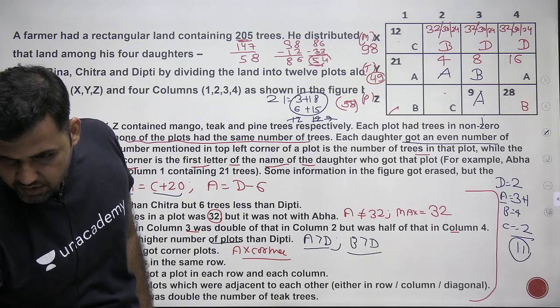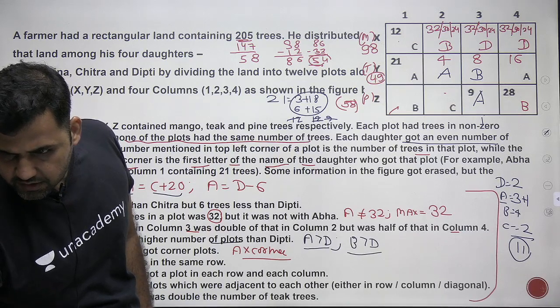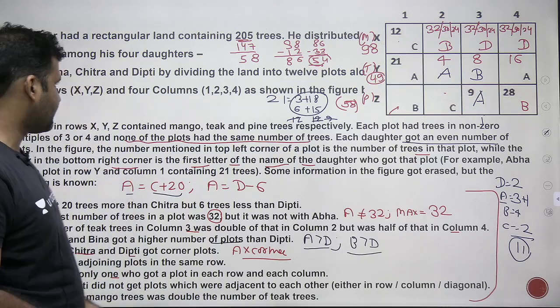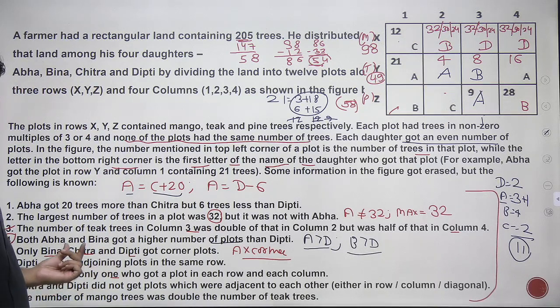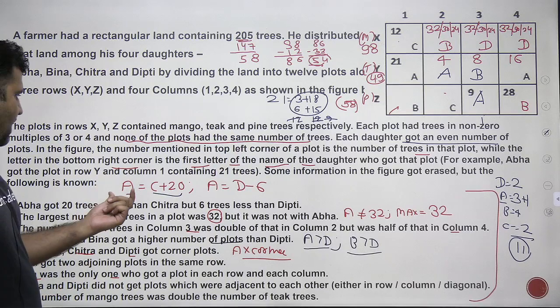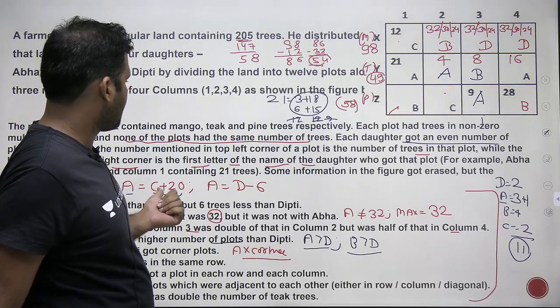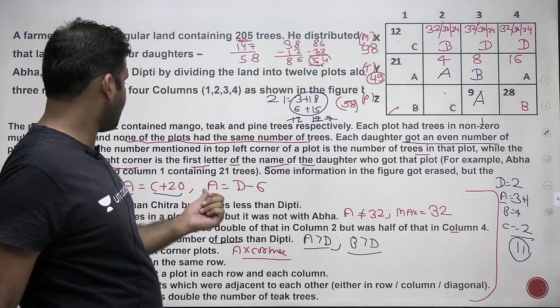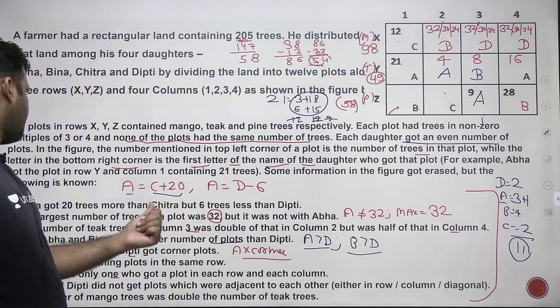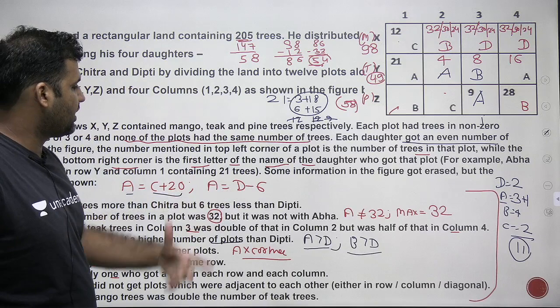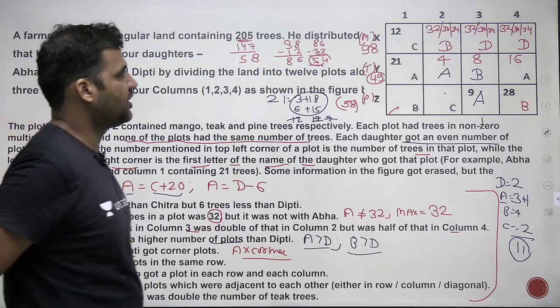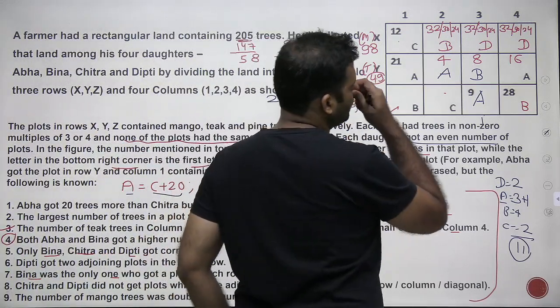Now let's use the next information here. We are left with this information only, that Abha's number of trees, not the number of plots, is 20 more than C, and Abha's number of trees is 6 less than Dipti. All right, let's use this information.